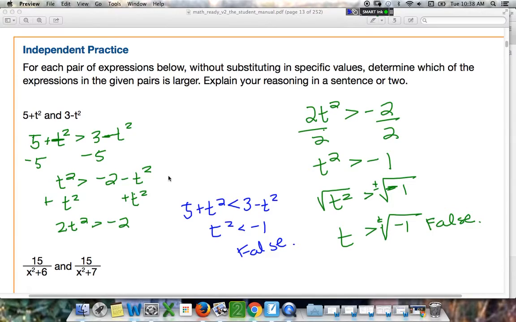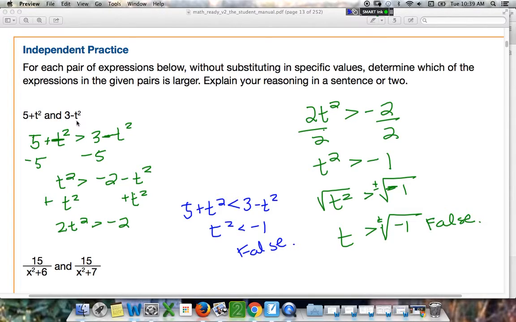So what does that mean? Well, think about the numbers that would work here. Now if you think about the numbers that would work there, if you have a 5 plus a t squared and a 3 minus t squared, is there a way to determine when one is larger than the other?